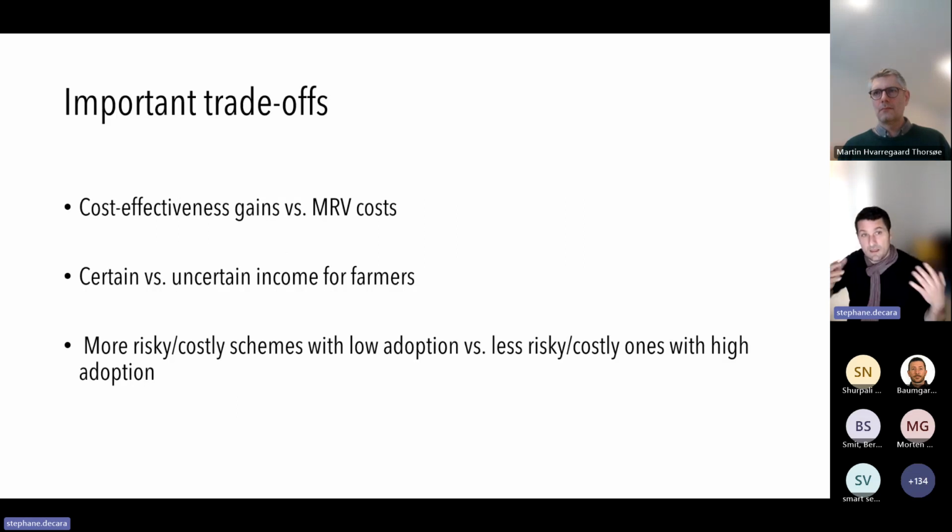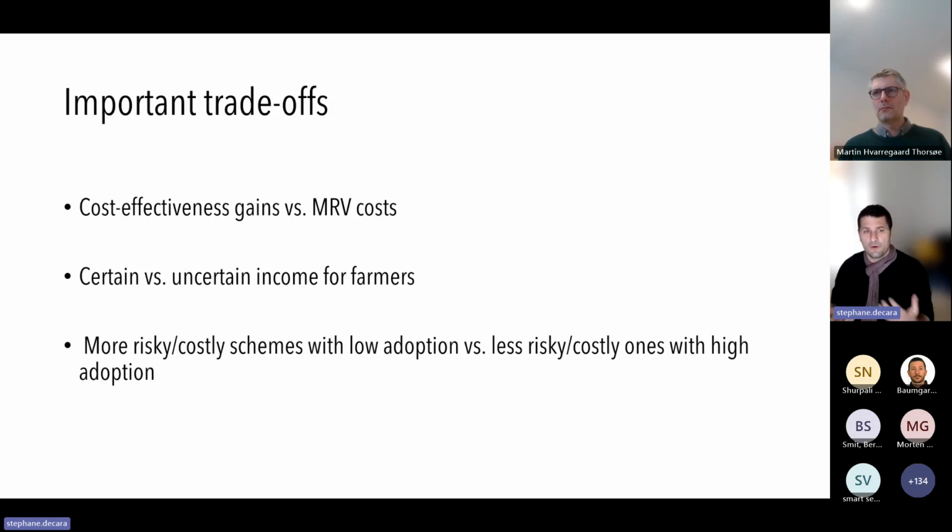So as you see, there are important trade-offs, and as economists, we are always very interested in trade-offs. There is, of course, the trade-off between what you gain in terms of cost effectiveness versus the MRV costs. This trade-off has been well researched in the literature so far. There is a trade-off also between uncertain gains and certain gains for the farmers, which has received less attention in the literature.